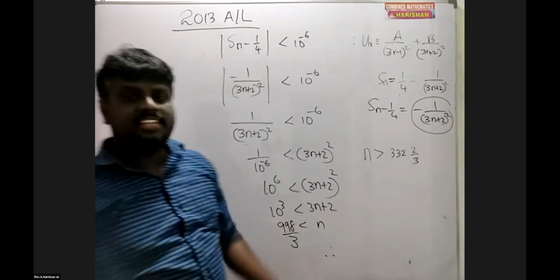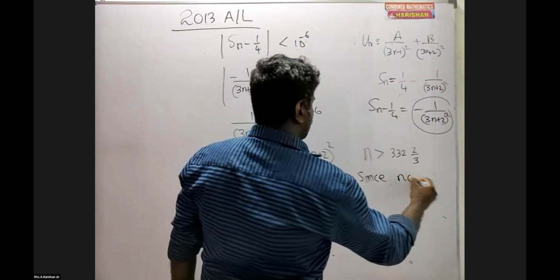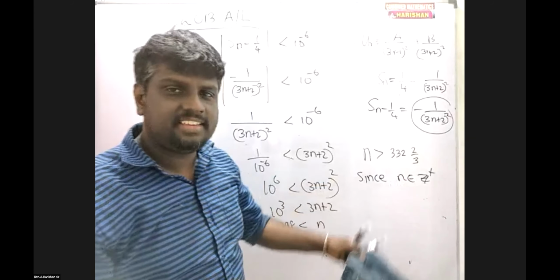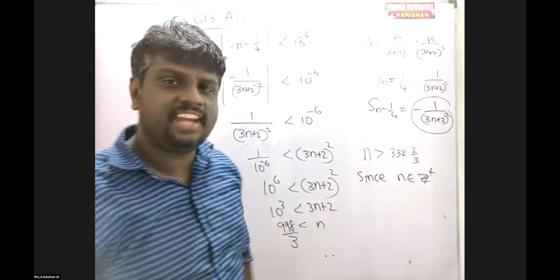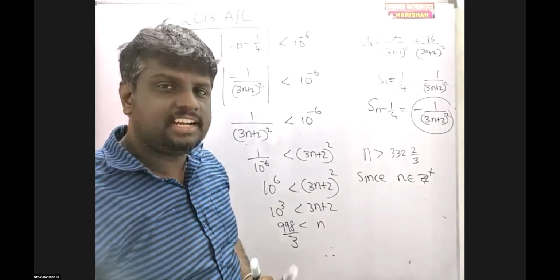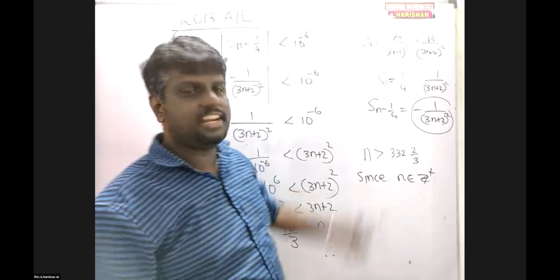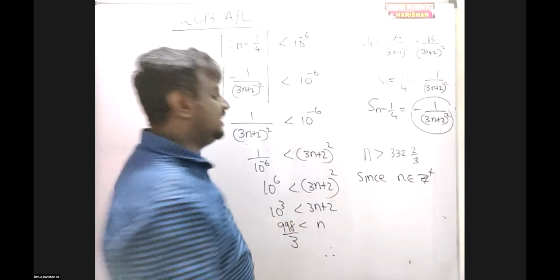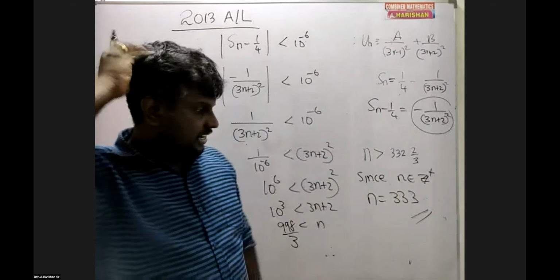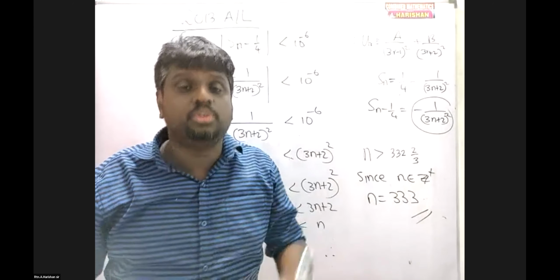Since n belongs to positive integers, what is the first positive integer greater than 332.666? Yes, n will be 333.